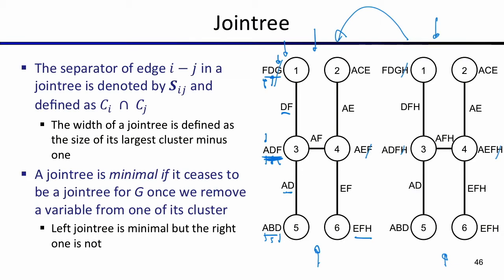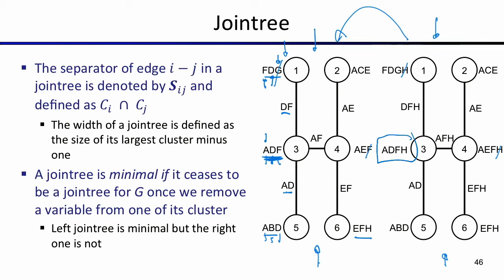But frequently we are interested in using the joint tree to answer queries, and possibly the queries will be over some variables that we don't have in a cluster. And we need to add some more variables in the cluster in order to answer the queries that we are interested in.